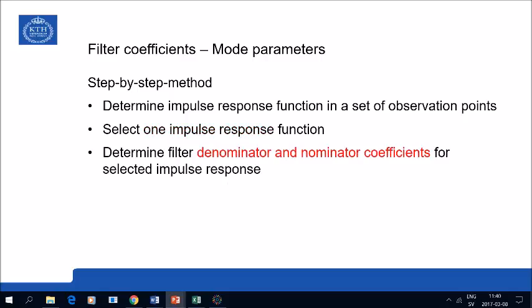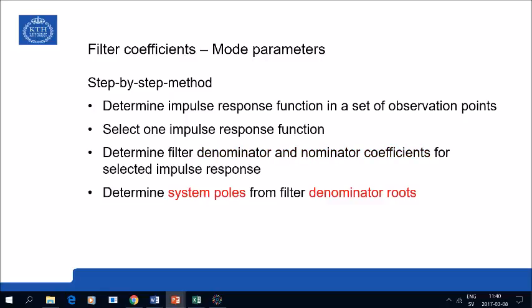Then we determine the filter denominator and numerator coefficients, that's the A_n and B_n coefficients, for this selected impulse response function. Then we can determine the system poles from the denominator roots.